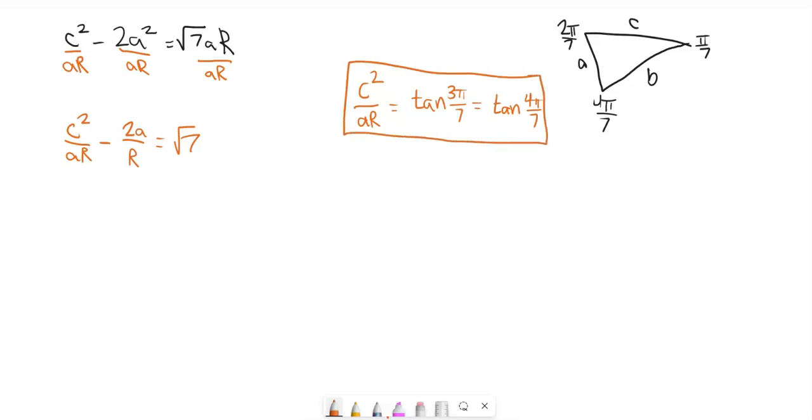So what I'm going to do is replace the c squared over ar with the tangent of 4 pi over 7. Now take a look at this 2a over r.